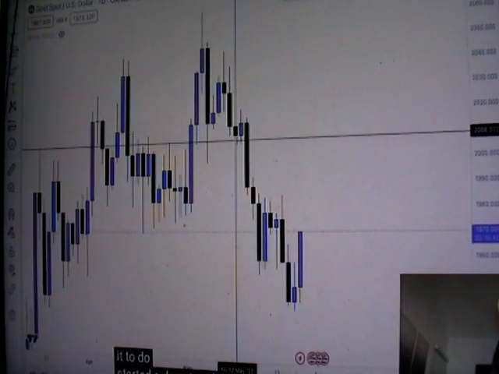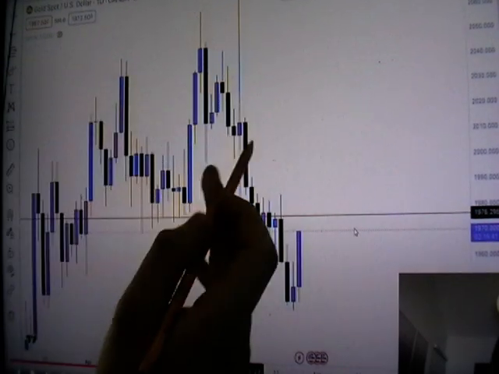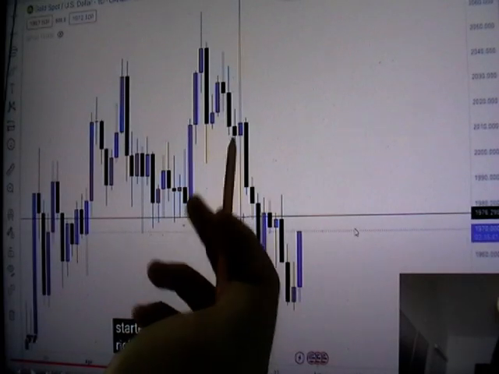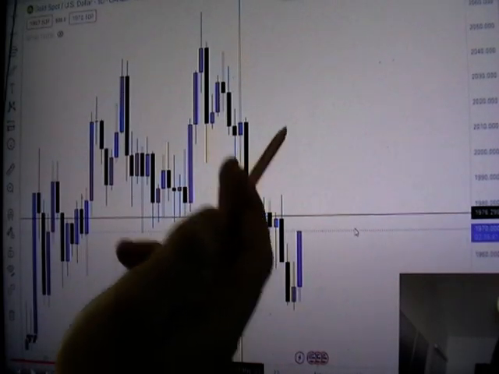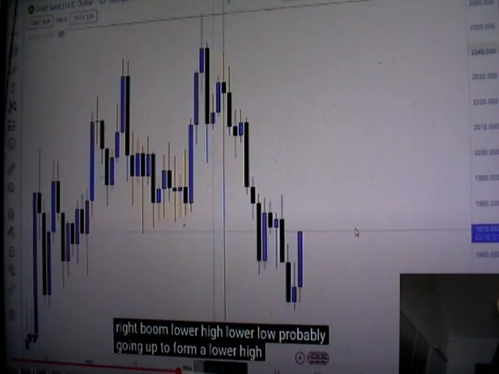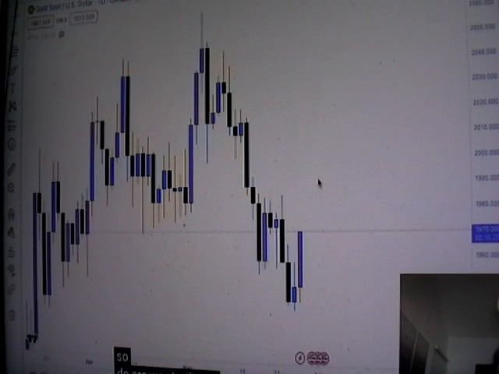It started a downtrend, right? Because this candle right here ended right here, if you guys can see. That was the low, I guess. And then it created an even lower low, and then a lower high, lower low, probably going up to form a lower high, or a retracement on the weekly time frame to come up within here. Okay, so are we starting to understand what a break of structure is?